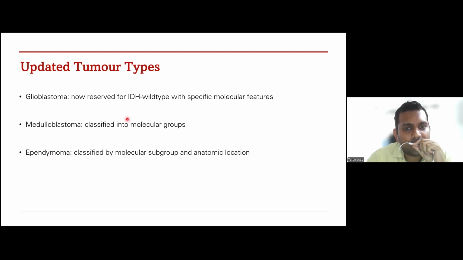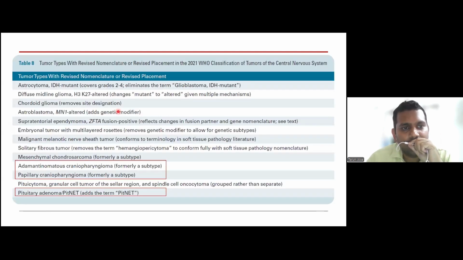Medulloblastoma and ependymomas are subdivided based on molecular groupings, because even though the diagnosis is medulloblastoma, the different subtypes have wildly varying prognosis. So that's why they have been subclassified into various other groups.